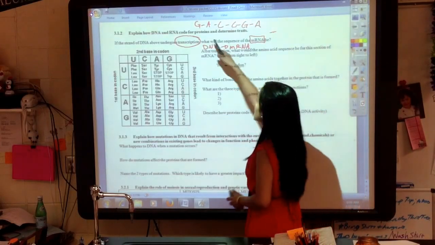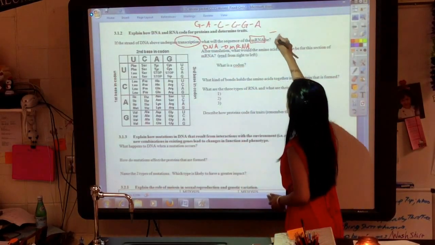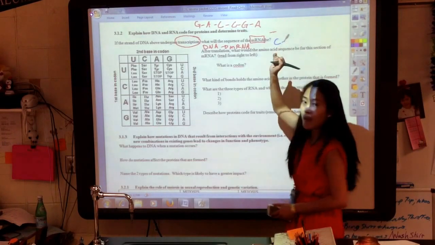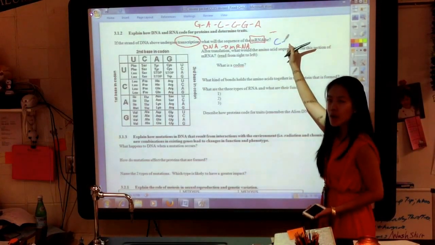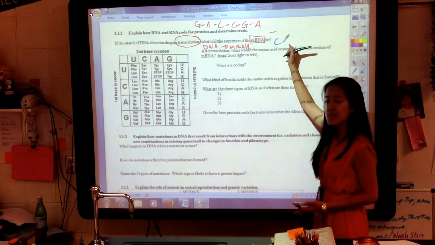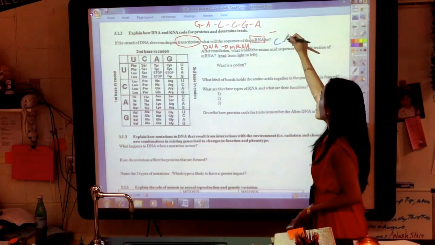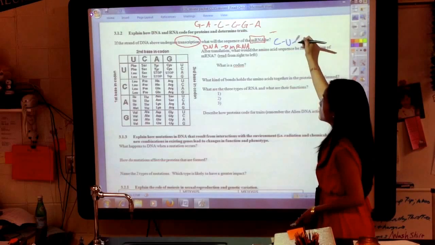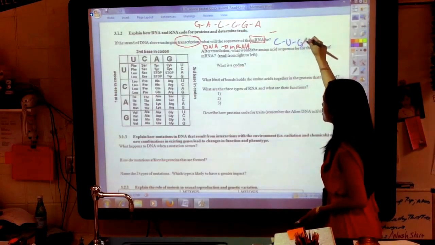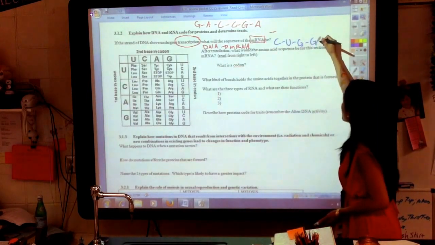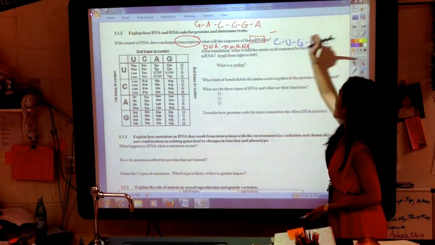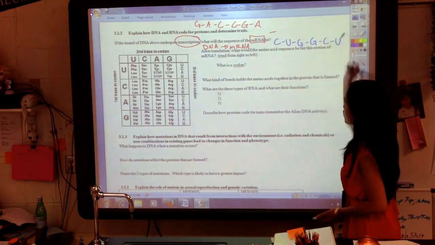Well, G always, always, always pairs with C. A usually pairs with T in DNA, but in mRNA that's different. Instead of having a T, we have a U for uracil. C will pair with G, C again will pair with G, and G will pair with C, and that last A will pair with the U.